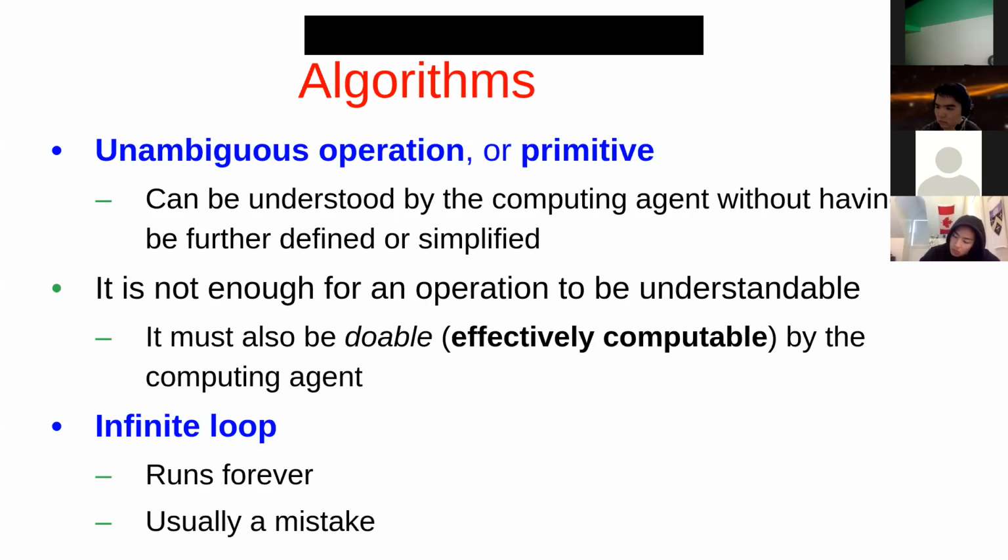So again, the unambiguous operation, sometimes we call these primitive operations. And what that means is there's the base operations that a particular machine can perform. So when you say do this, there has to be exactly one thing that the machine will do. So it's not enough that a machine be understandable, though.